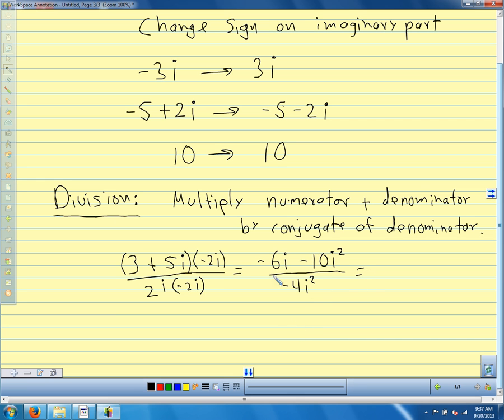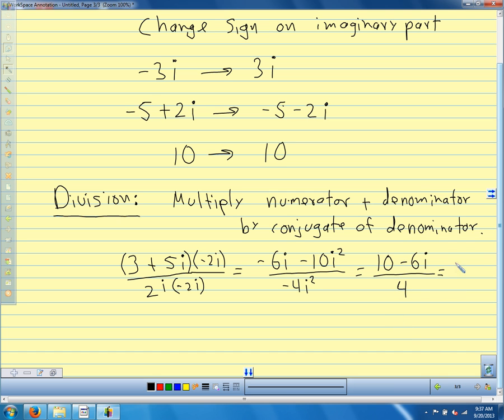And now we simplify. I don't want to start canceling i's here. I'm just going to simplify. Since i squared is negative 1, I get 10 minus 6i, divided by 4. Can I simplify this?